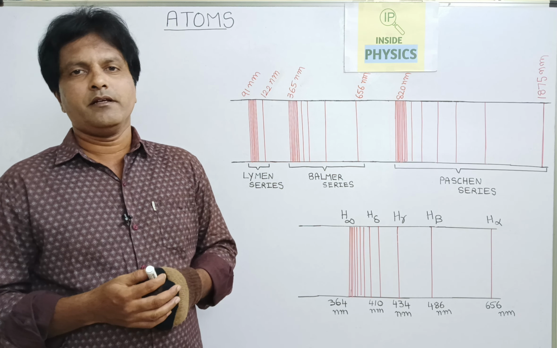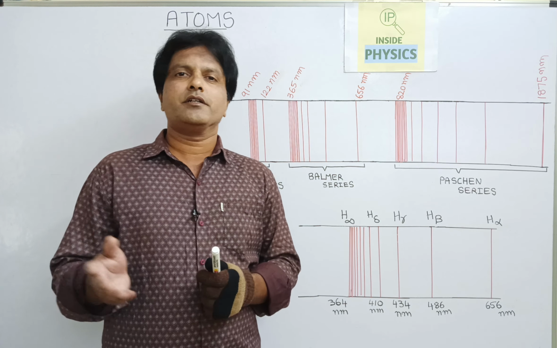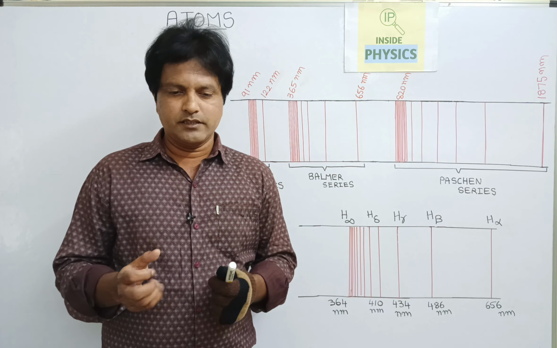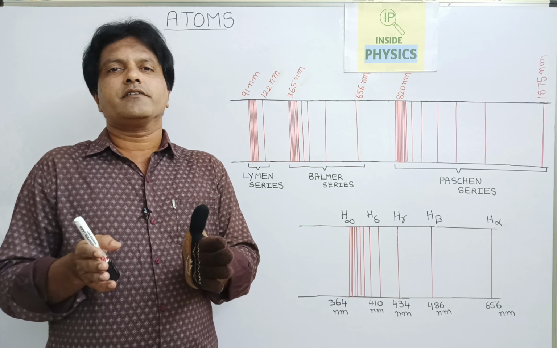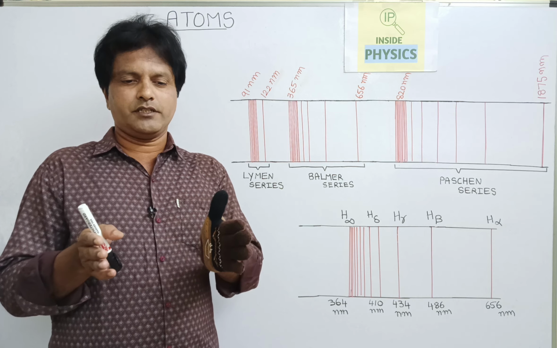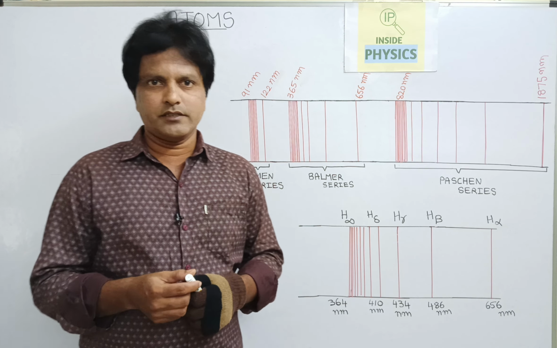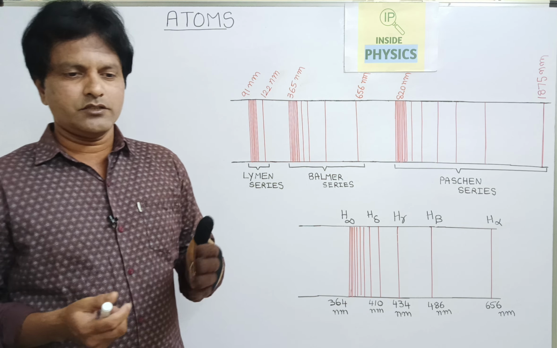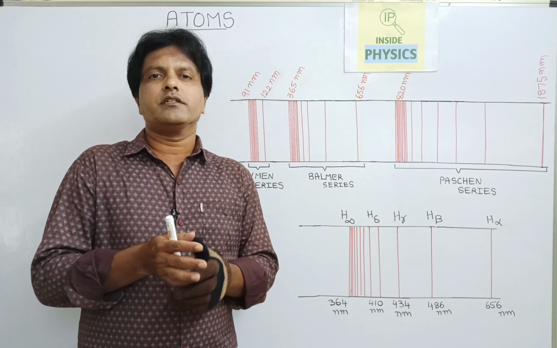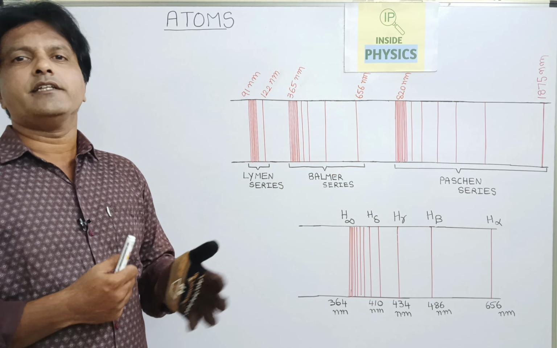Line spectrum is because of the emission of radiation by a particular element when it is subjected to a high potential difference under very low pressures. This is on a dark background. You can see some bright lines, which is called a line spectrum.